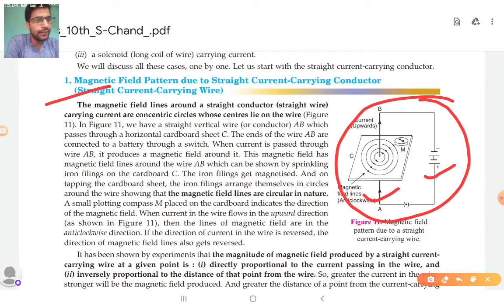In this diagram you can see the magnetic field pattern. We should remember that the magnetic field pattern produced by a straight current carrying conductor is concentric circles. And we have discussed the activity by which we can get this magnetic field pattern.